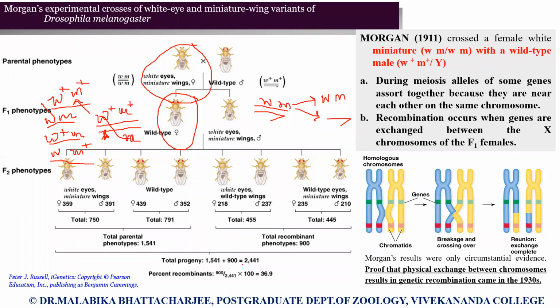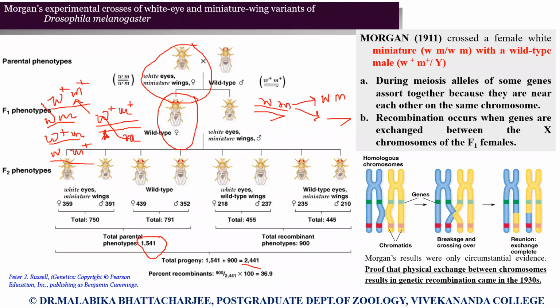He in fact had calculated 2,441 flies, of which he observed that 1,541 flies belonged to the parental categories. They showed the parental phenotypic expression, but 900 showed something different. That means there was recombination and the ratio was not similar.